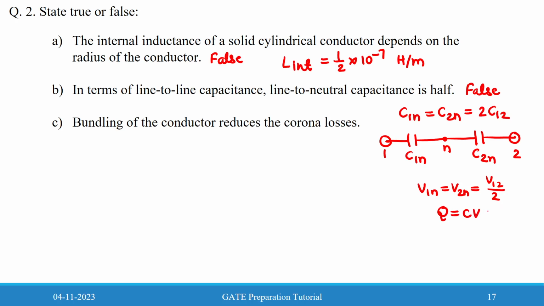If V is reducing by half, then C has to increase. So that's why.